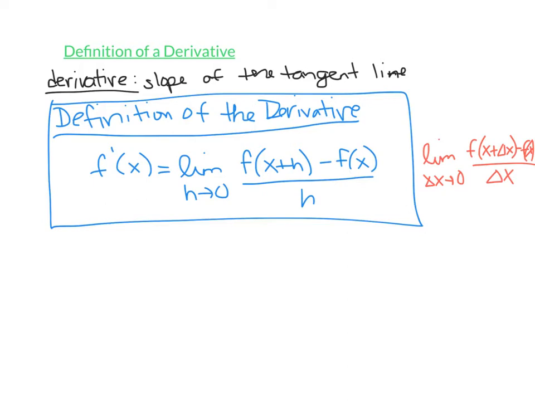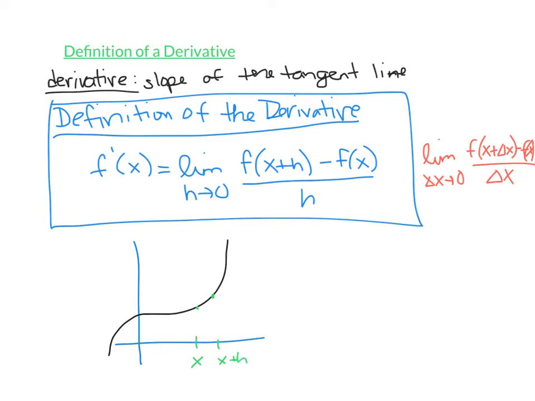So I'm going to show you where this actually comes from. So let's say that we have a curve. And I am trying to figure out the slope of a line between 2 points. This point, I'm going to call the x value there just x. And I'm going to call the x value of the second one x plus h.